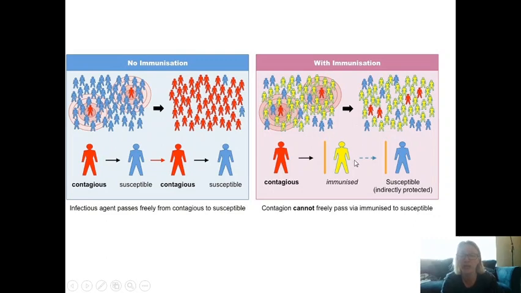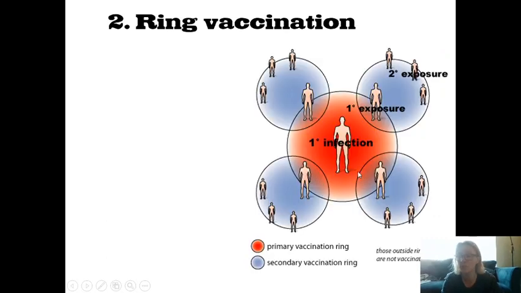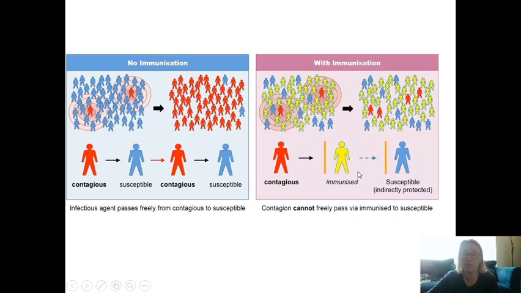Whereas here, we've had a large proportion of the population immunised, and that provides protection to other members of the population that are susceptible. So that's the reason why they do this herd vaccination program, to give herd immunity and protect the majority of society.